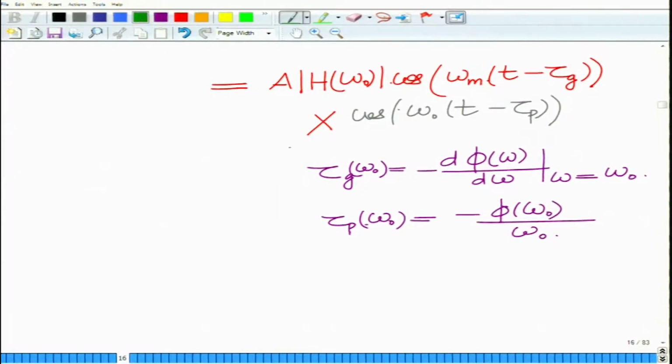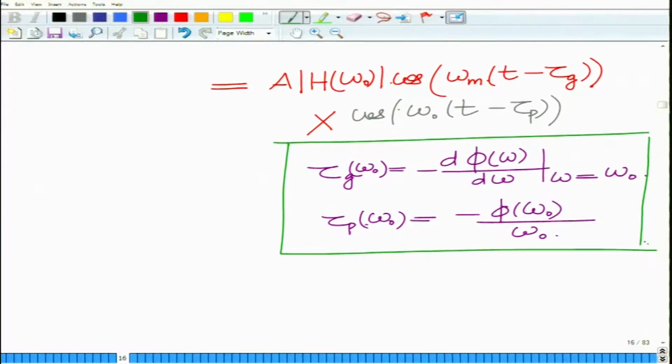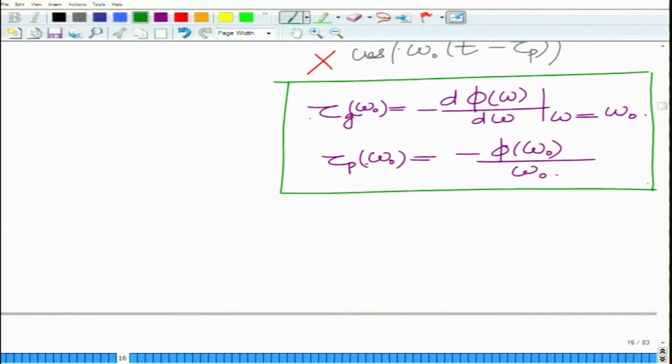Okay. These are the group and phase delay expressions, and this is very important. So, this is your group delay, and this is your phase delay.